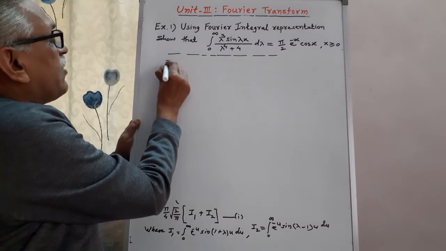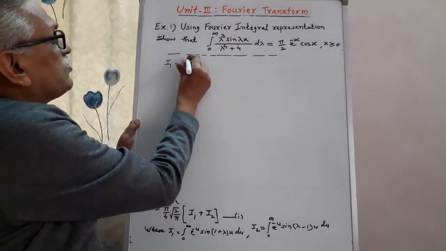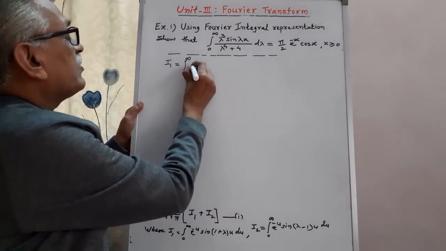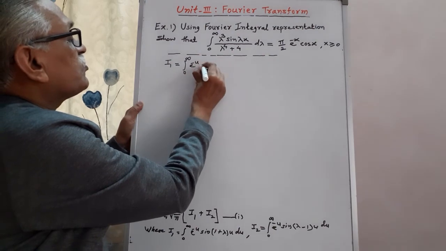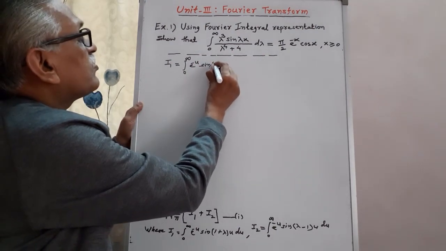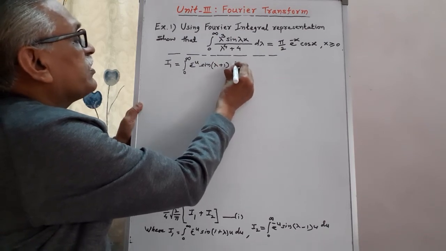Therefore, we calculate I1 as the integration from 0 to infinity of e raised to minus u sine of lambda plus 1 into u du.